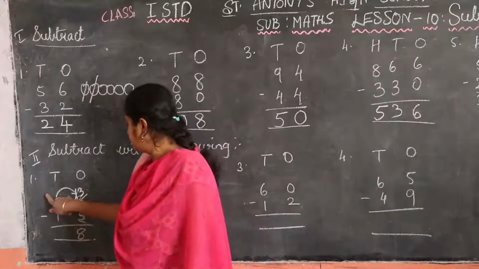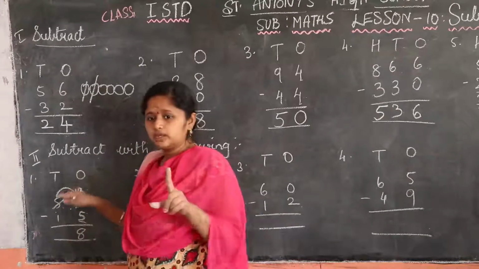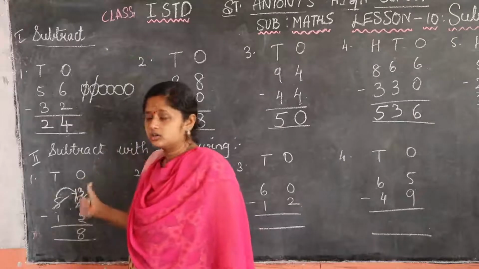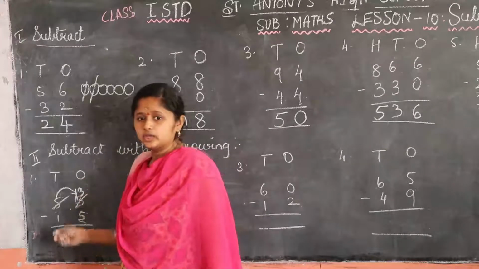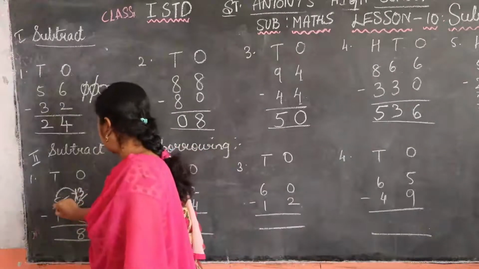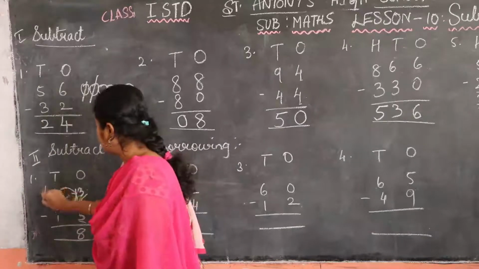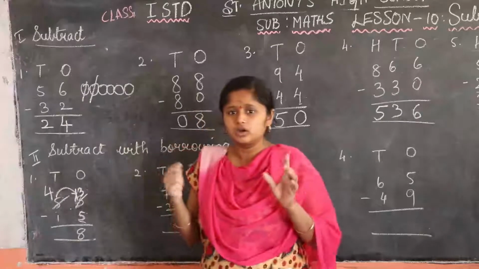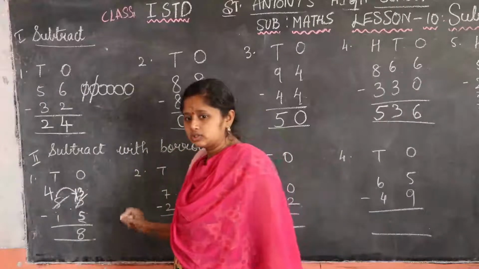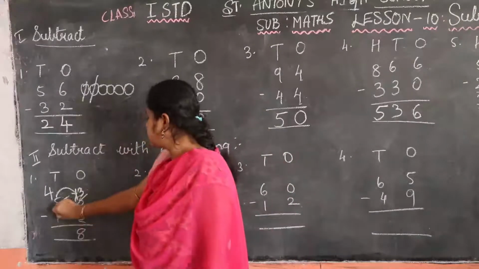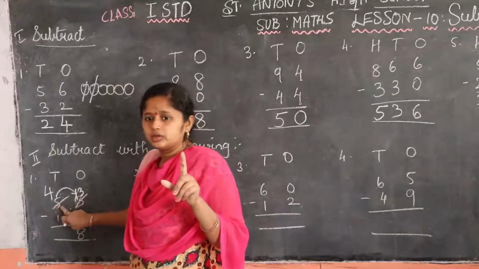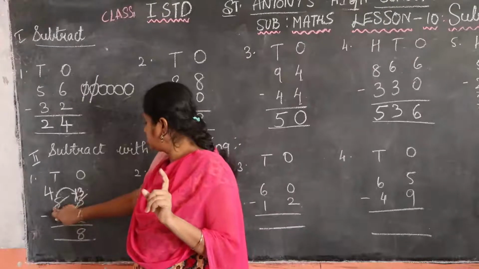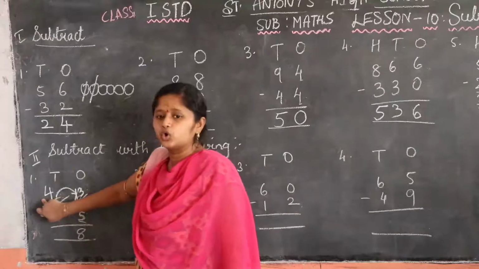Okay, now we took 1 from the tens place to borrow. So we cancel this 5 and we get 4. 5 minus 1 is how much, children? 4, no? Because we took 1 from the 5. So this 5 has become 4.